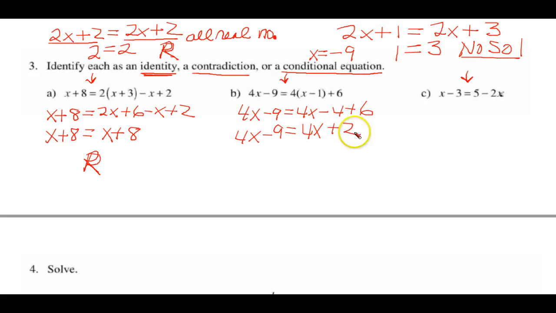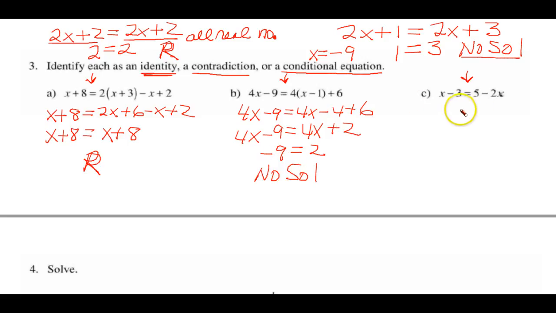Now, when I subtract my 4x's from both sides, I get a negative 9 equals 2. Is that true? No. So this is a contradiction, and there is no solution. But now notice you have the work to prove what you have.